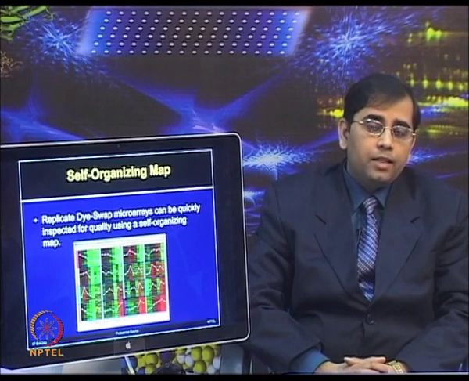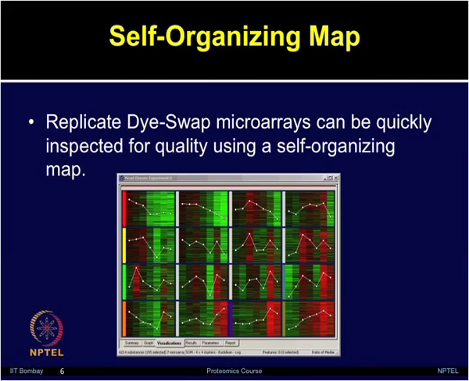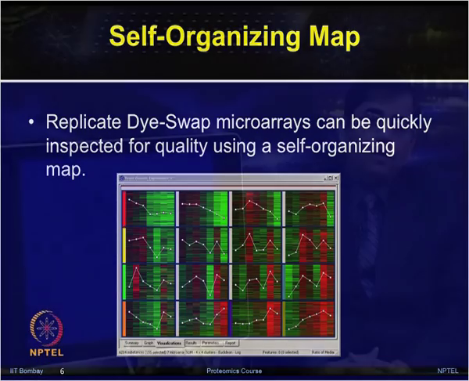Self-organizing maps. In a microarray experiment, it is important that you perform dye swap experiments to avoid any effects of Cy3 or Cy5 labeling, so that there is no bias of labeling in the control and treatment groups. Replicate dye swap microarrays can be quickly inspected for quality by using self-organizing maps, such as the one shown here in this slide.